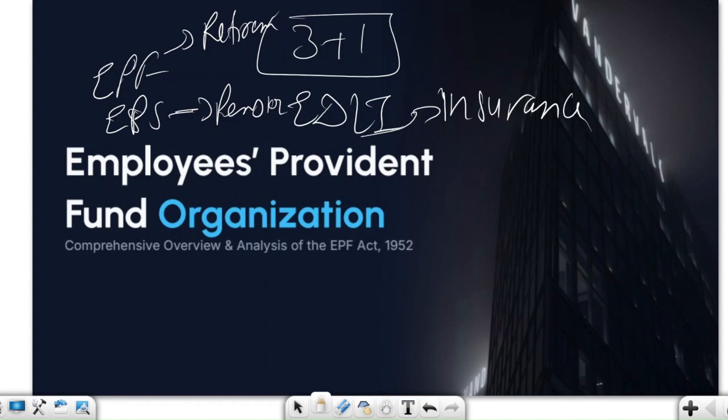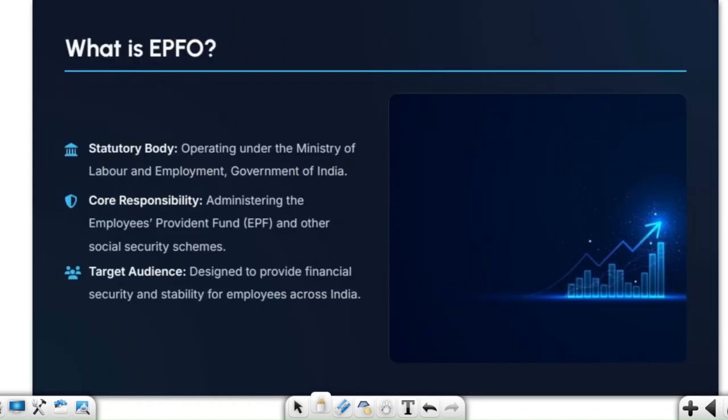So what is exactly EPFO? Employees Provident Fund Organization. Basically it is a statutory organization that comes under which particular ministry? Ministry of Labour and Employment. It administers the Employees Provident Fund and other social security schemes, and it is designed to provide financial security and stability for employees across India.